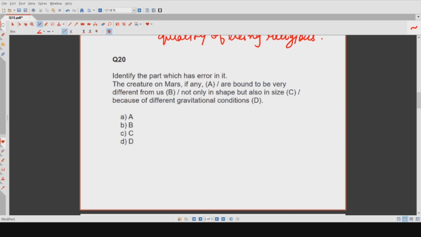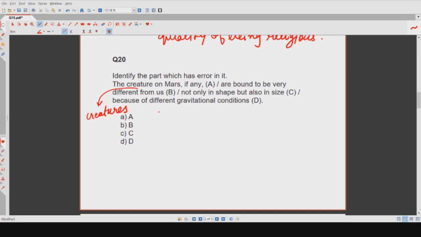If you read this carefully, the creature on Mars, here in this sentence, it should be replaced by creatures.